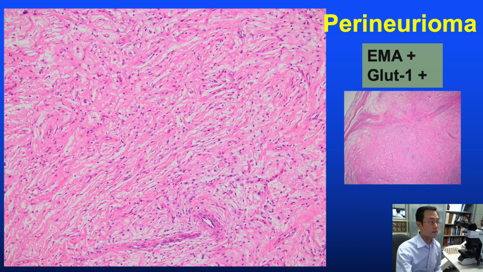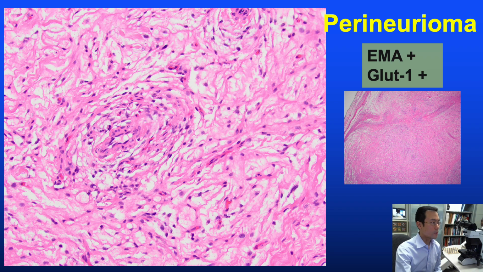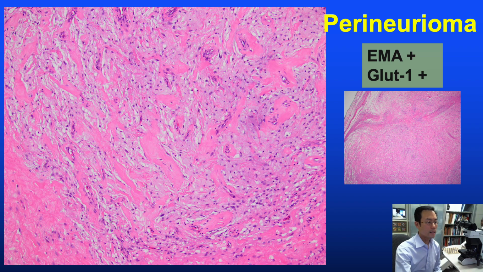Growth pattern could be characterized as storiform, but often and characteristically exhibits a bit more patterning, sometimes more of a swirled or lamellar pattern to the collagen, and areas of more concentrically arranged collagen resembling the layers of an onion, and not always necessarily surrounding a blood vessel as shown here. Spindle cells are cytologically bland, and there are areas with prominent sclerotic stroma in sclerosing perineurioma.